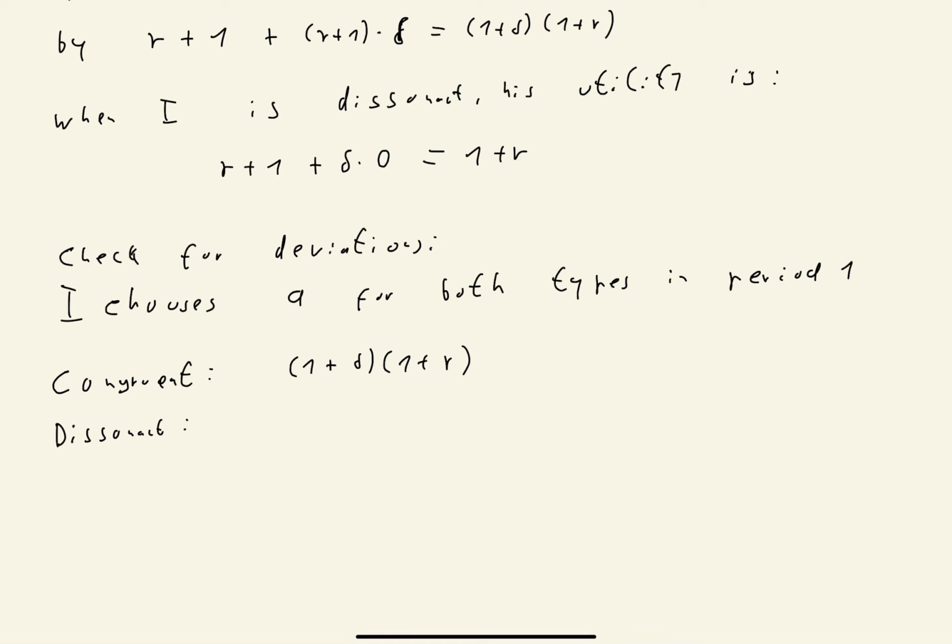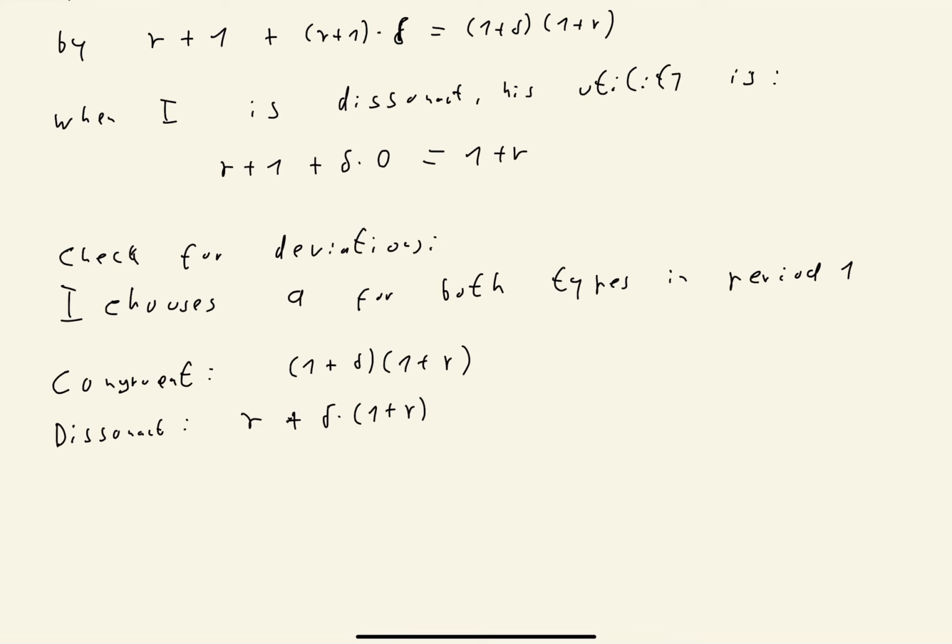So as a consequence, if he is of a dissonant type and will choose A for both types of policies, he will then simply get R because he's in charge in the first period, but he's not choosing his preferred policy. And to this, we add the discounted utility of being re-elected in the second period.